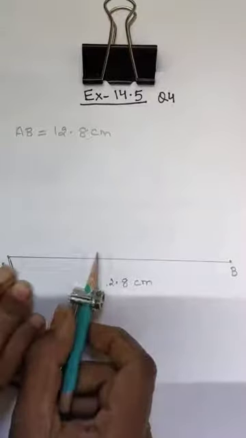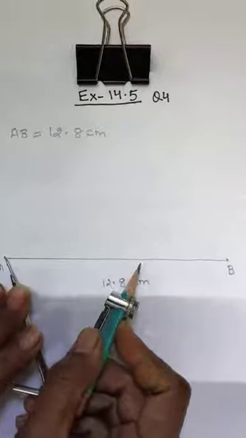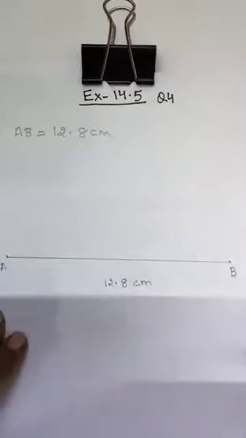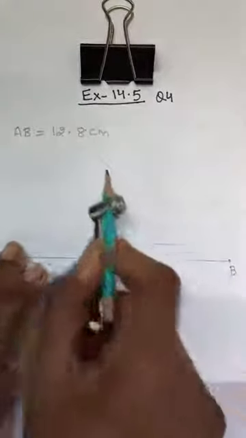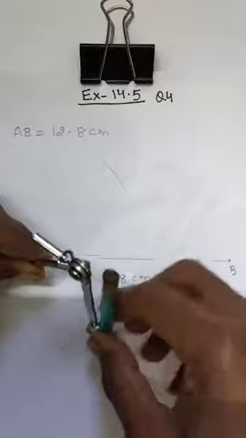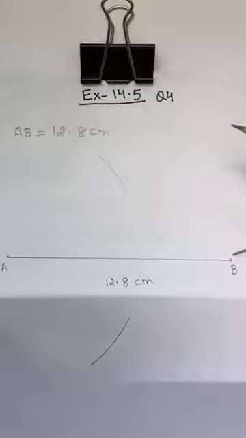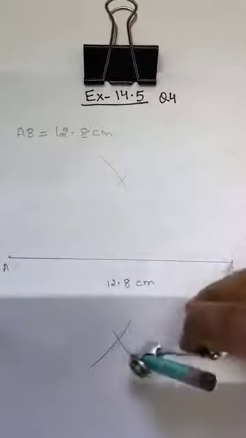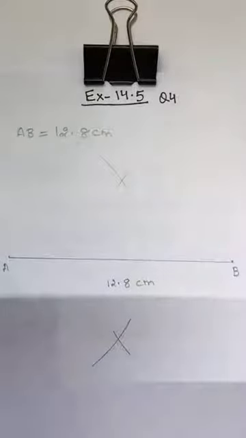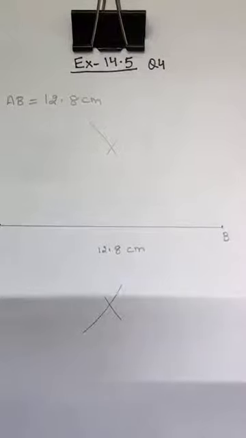Now open your compass more than half of AB. Draw one arc from A on both sides of AB like this. Without changing your compass, now draw 2 more arcs which cut the previous arcs. 2 और आर्क लगाई हमने जिन्हें पहले वाली आर्क्स को कट किया.